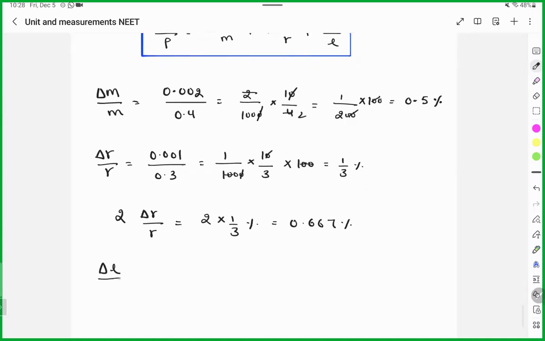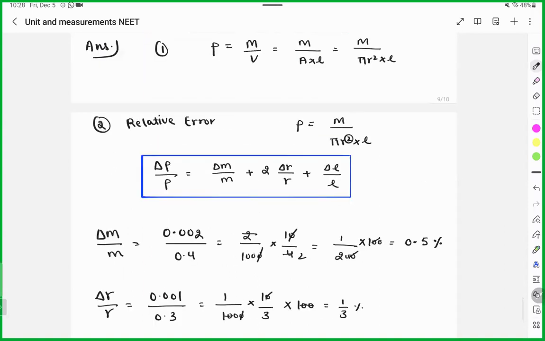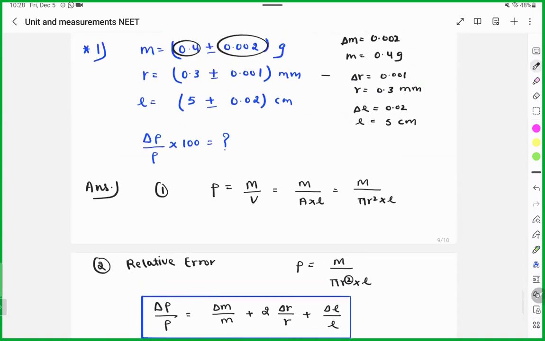Third, for the length, delta L by L. So if you see what is the delta L value given here, delta L is 0.02. And if you convert this, then how you will convert into the different unit? So I have to convert it from centimeters to millimeters now. We have to have one unit.